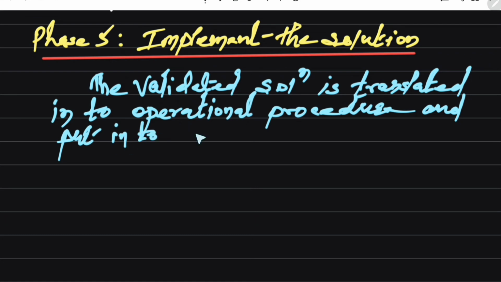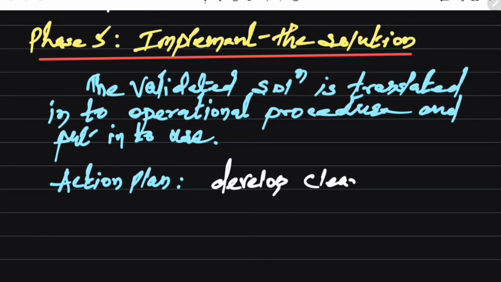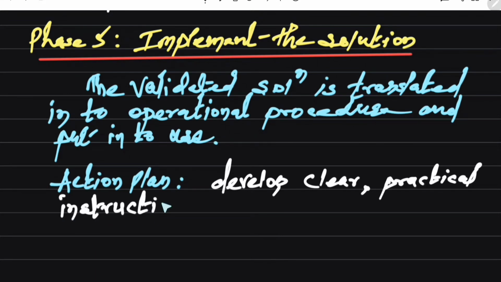We have to perform two steps. The first one is the action plan: develop clear, practical instructions for the people who will execute that solution. This is step number 1, called the action plan.